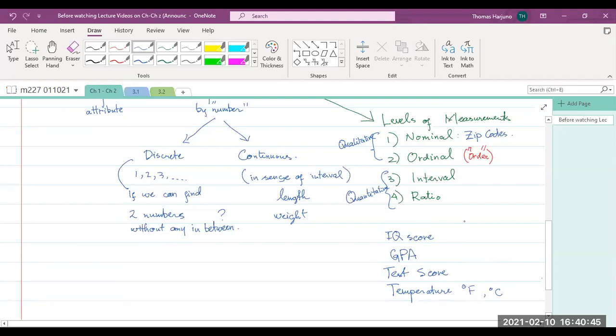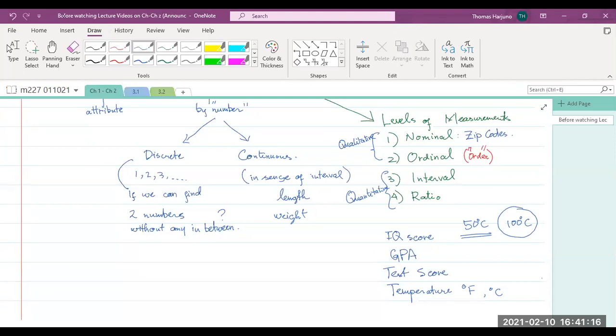Because, for example, 50 degrees Celsius and 100 degrees Celsius, it's a 50 degree Celsius difference, but we do not say that 100 degrees Celsius is twice as warm or twice as hot compared to 50 degrees Celsius. Actually, 50 degrees Celsius is very warm.